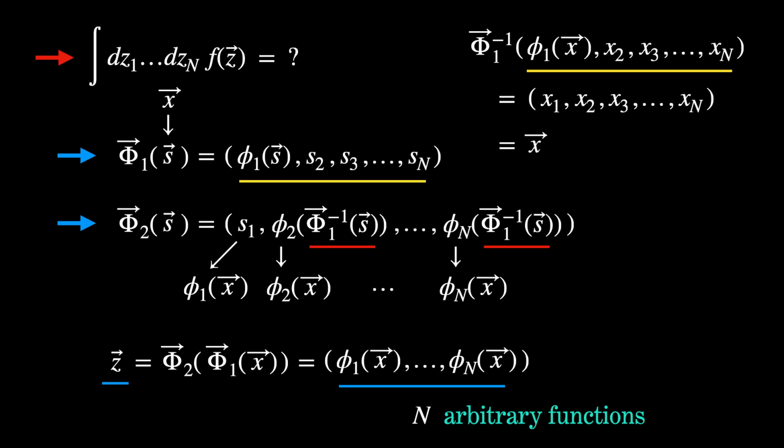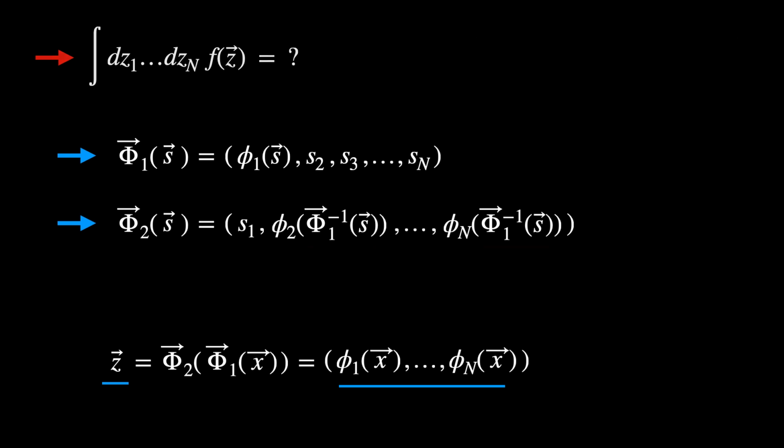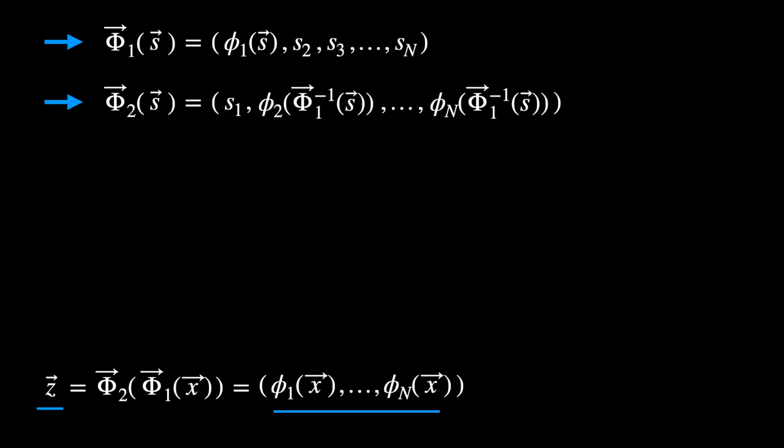But please bear in mind that we have not yet shown that these two maps for n variables satisfy the Jacobian formula like we did for two variables. We shall deal with this in a moment. Let's switch to a more convenient notation.